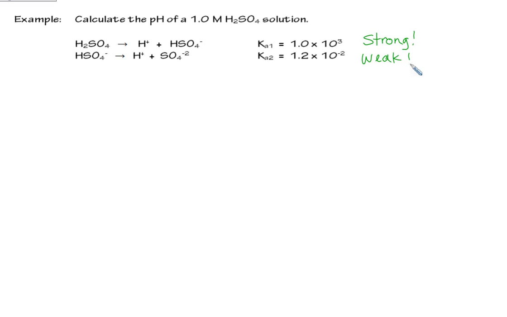So here's what people will do, and this is wrong. Okay, word of warning. This is wrong. They've always been told sulfuric acid is a strong acid. So if I had sulfuric, they want to do H2SO4, break it into 2 hydrogens and the sulfate.